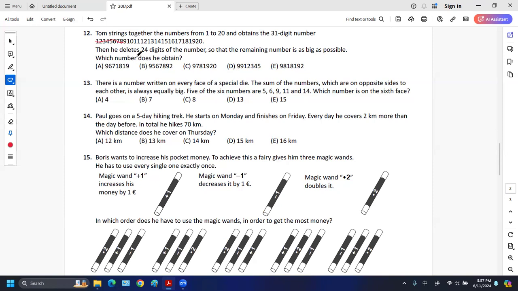We're just starting from 9, and then we'll delete 10, 11, and 12, 13, 14, 16, and the 1 from the 17, which you can also delete. And now we'll delete the one over here, and the rest is good.